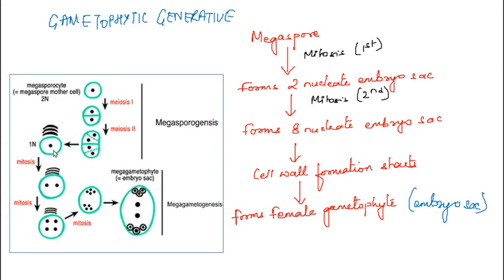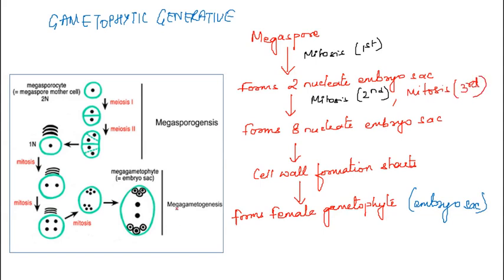sac. So after the haploid megaspore is formed, it will undergo 3 mitotic divisions. Here I write that they undergo mitosis second and mitosis third. So 3 mitotic divisions will form 8 nuclei.